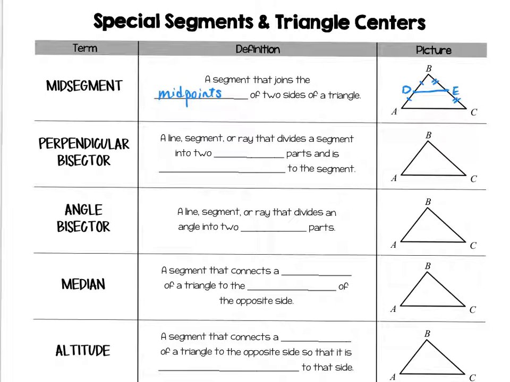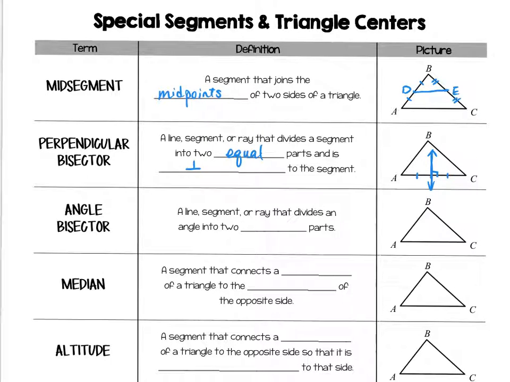Next, perpendicular bisector. A line, a segment, or a ray that divides a segment into two equal parts, and it's perpendicular to the segment. So if I have AC, for example, I first find the midpoint, and then I draw a line or a segment like that, that's perpendicular.